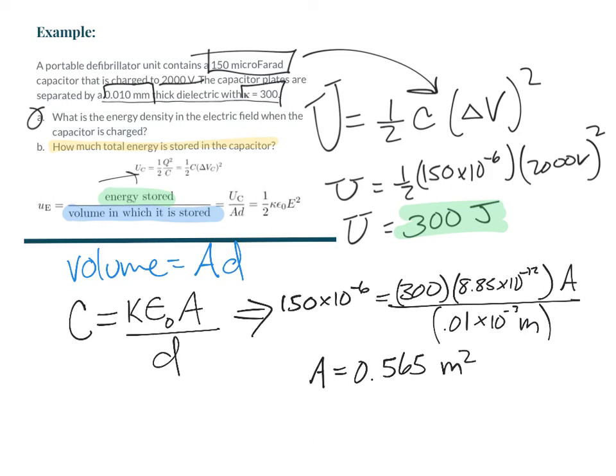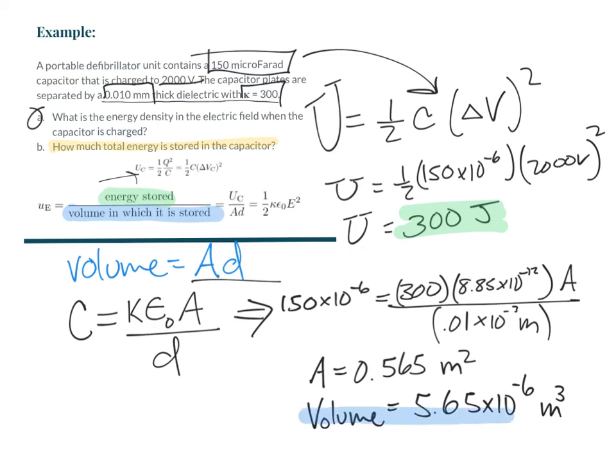So now to find volume, you multiply that area times the distance between the plates, A times D. So 0.565 times 0.010 times 10 to the negative 3rd gives you a volume of 5.65 times 10 to the negative 6 meters cubed. That is the volume. So now to find the energy density, you're just going to take the energy, 300 joules.